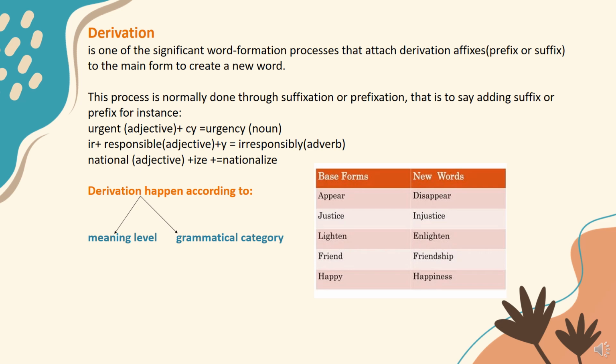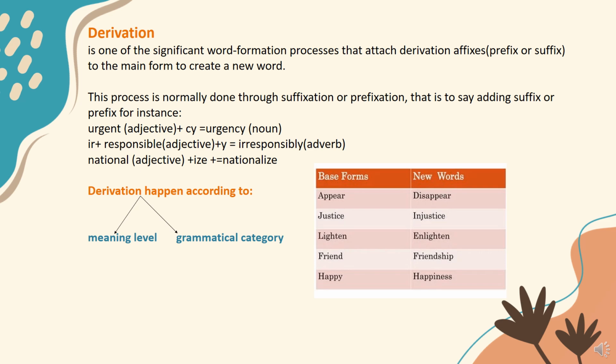For instance, we have urgent, which is an adjective. By adding cy, it becomes urgency, a noun. So urgent was an adjective, and it becomes urgency now. A change in grammatical category happened here. In the second example, responsible, adjective.